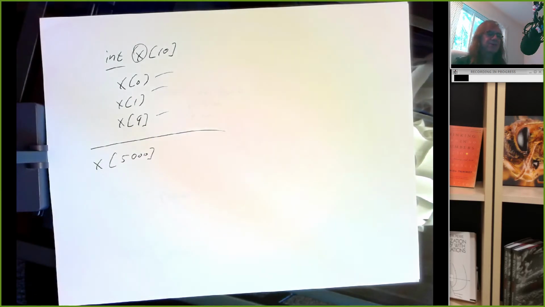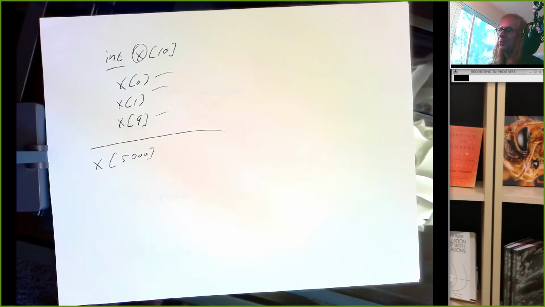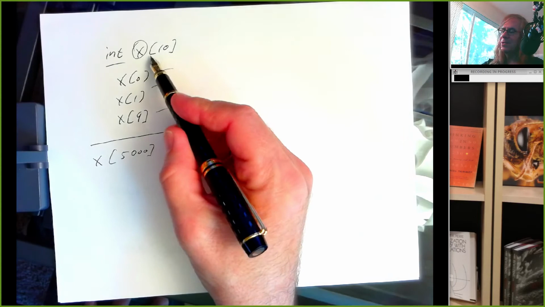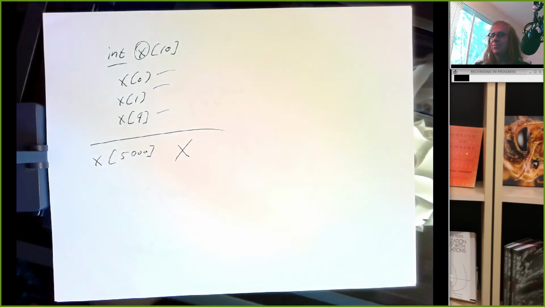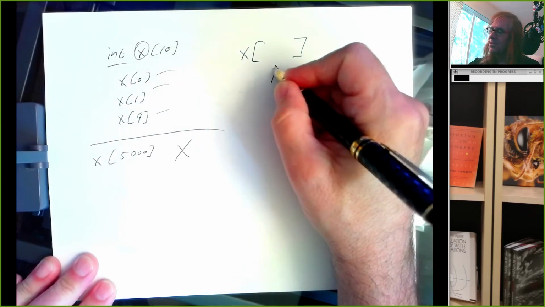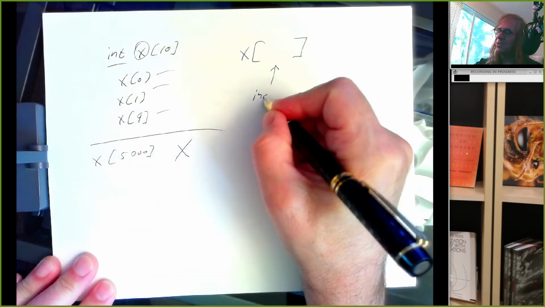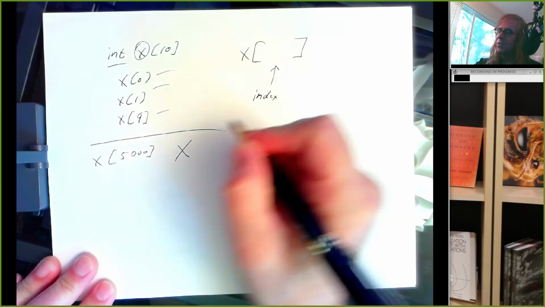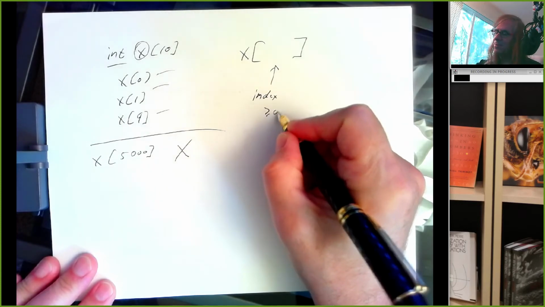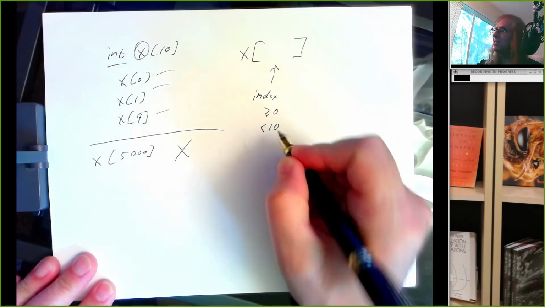It might segfault my program. It might give me some weird random value. But this is not really an appropriate thing to do in C if our array has been declared to hold 10 elements. So when we say x bracket something, this thing we're using to pick out an element is called the index. And in this case, where we have an array of 10 elements, our index has got to be greater than or equal to 0 and less than 10.